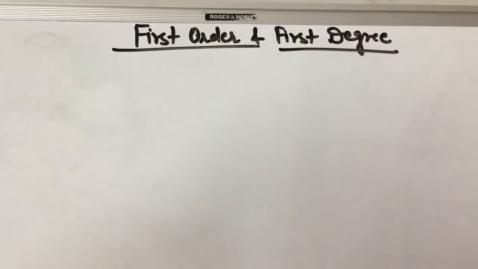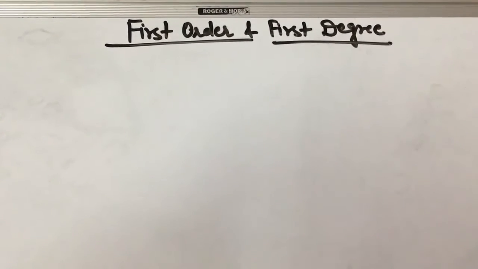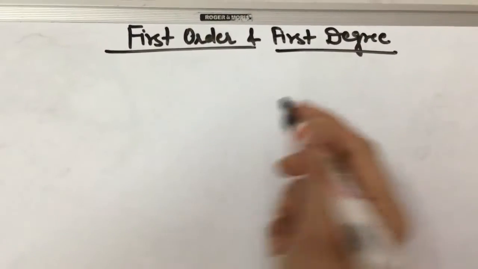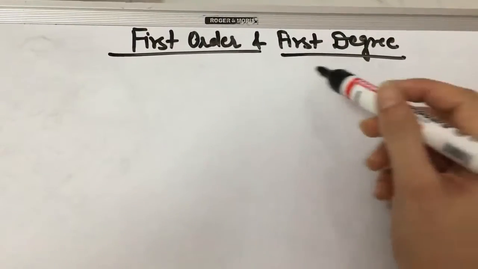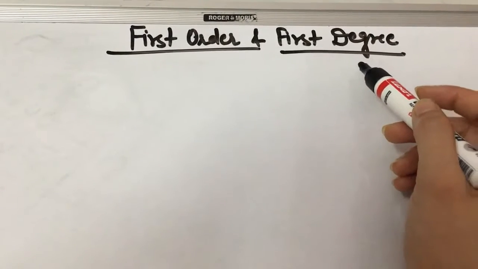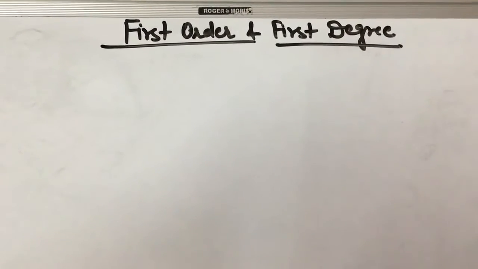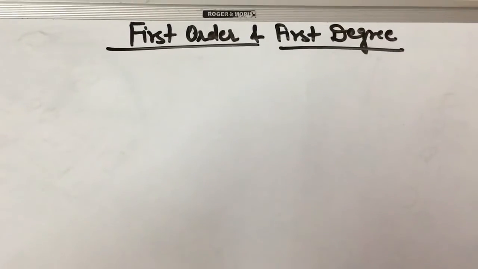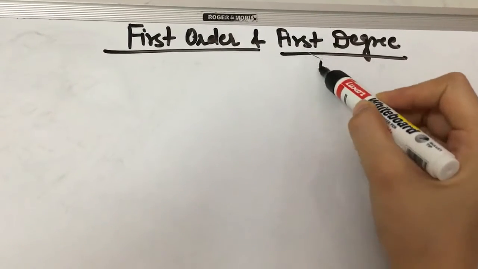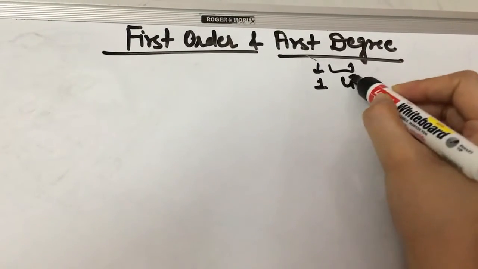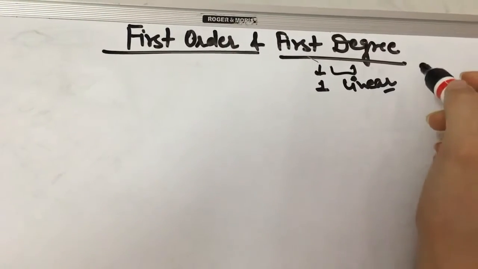In the last video, we discussed linear and non-linear differential equations, and before that we studied the order and degree of a differential equation. In the linear and non-linear concept, I told you that if the degree of a differential equation is 1, that equation will be a linear differential equation.